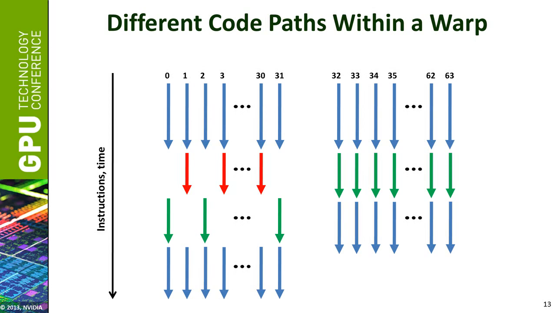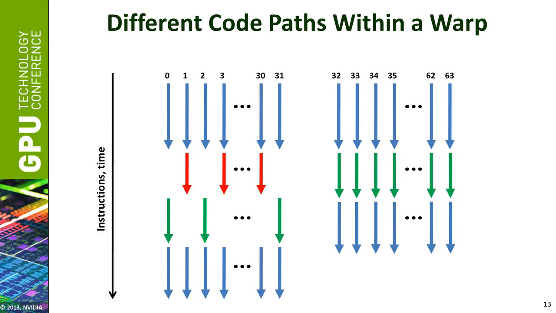Well, the hardware is going to pick one path at a time, because again, all threads in a warp must execute the same instruction. It masks out all the threads that should not be executing that code path, and then later it'll fill up the masks and execute the threads that have to execute the else clause. So here, let's say we have 3 threads that have to execute it, but the remaining 29 threads out of 32 are still spending the time while these guys are doing useful work.